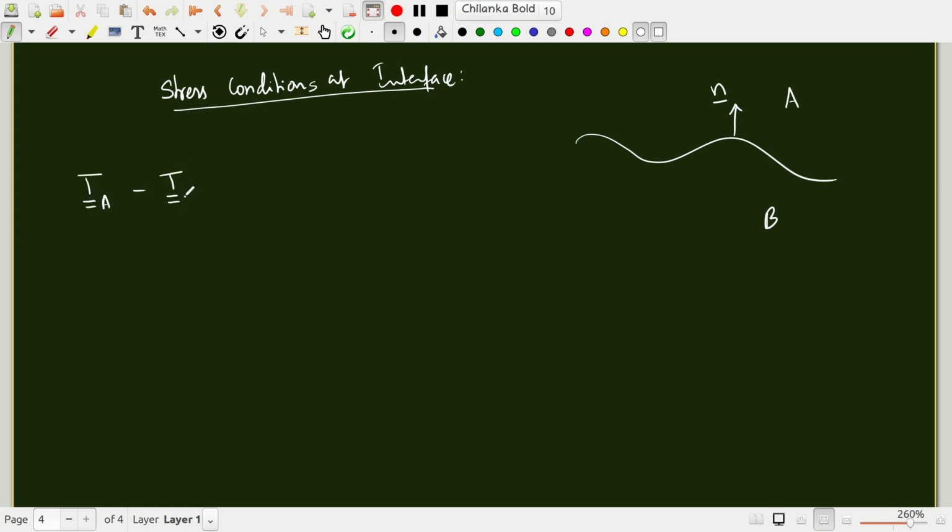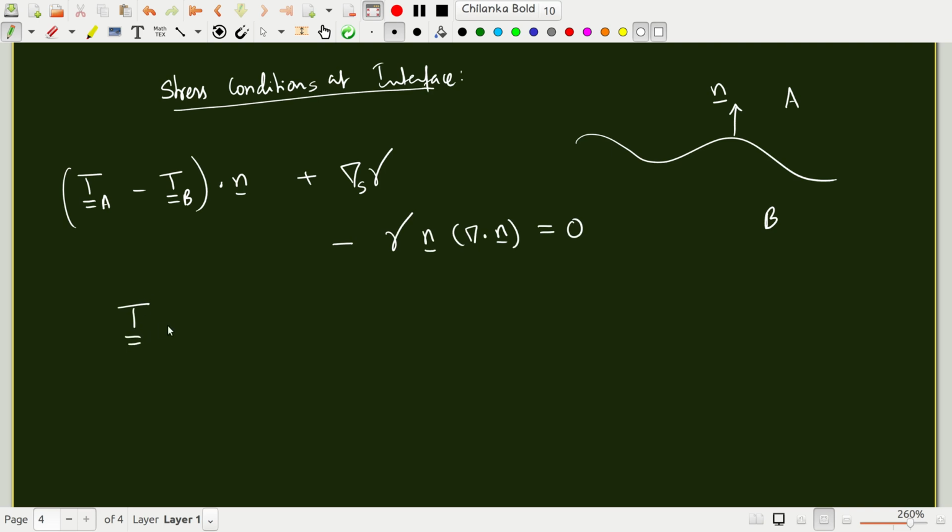(T_A minus T_B) dot n plus del_S gamma minus gamma n equal to 0, where T is the total stress tensor of the fluid. I'll explain the symbols in a bit. Okay, now let me explain each of these terms one by one.